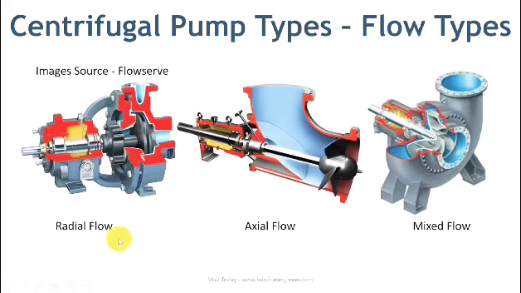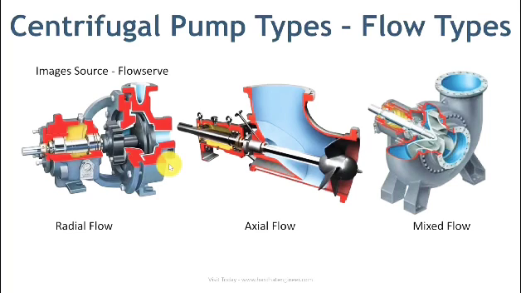Fluid enters through the horizontal suction flange and leaves through the vertical discharge flange. That means the discharge is perpendicular to the pump shaft. This design is used when you want to increase the discharge pressure with a limited flow of the fluid. You can simply say that it is a high pressure, low flow rate pump. Most pumps used in oil and gas will fall into this category.